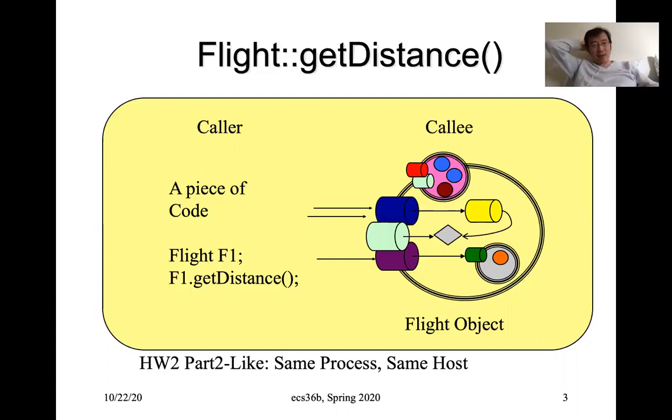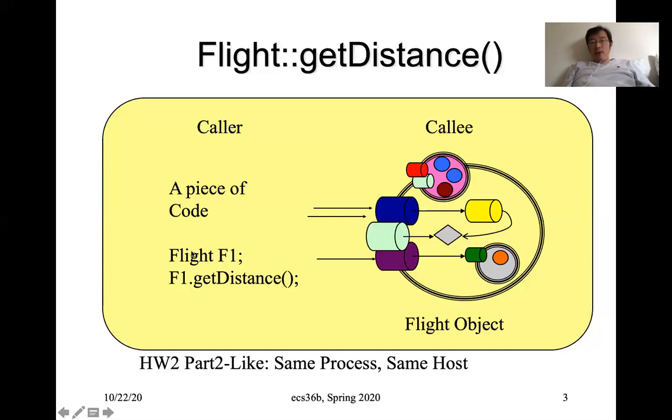It's not exactly the same, but it's very similar. So we have a fly object. We're assuming we have a class called Flight, which is a derived class from Transaction. For homework 2, we created this fly object, and the same piece of code is the same process that sends the executable that we define.